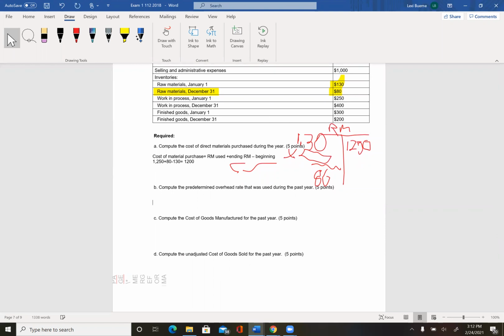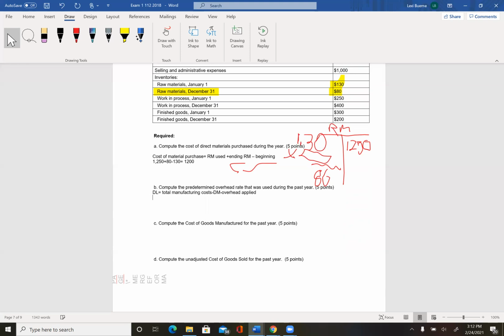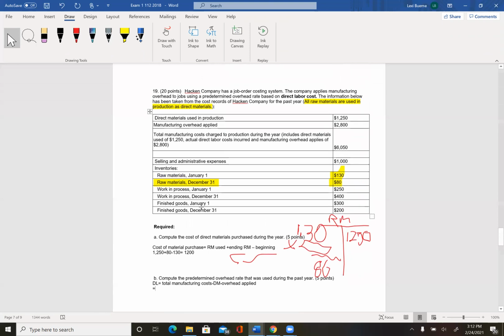And then for B, we're going to calculate the predetermined overhead rate during the past year. First, we are going to calculate direct labor, because we're going to need that for the formula. That's going to be the total manufacturing costs minus direct materials minus the overhead applied. So the total manufacturing cost is up here.